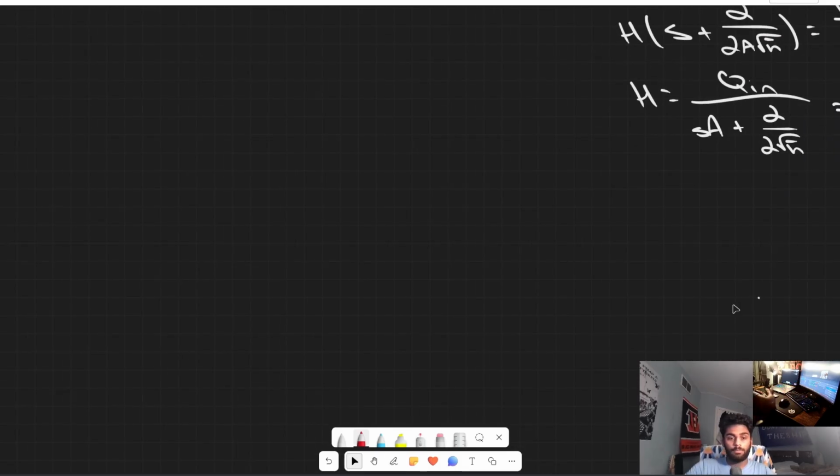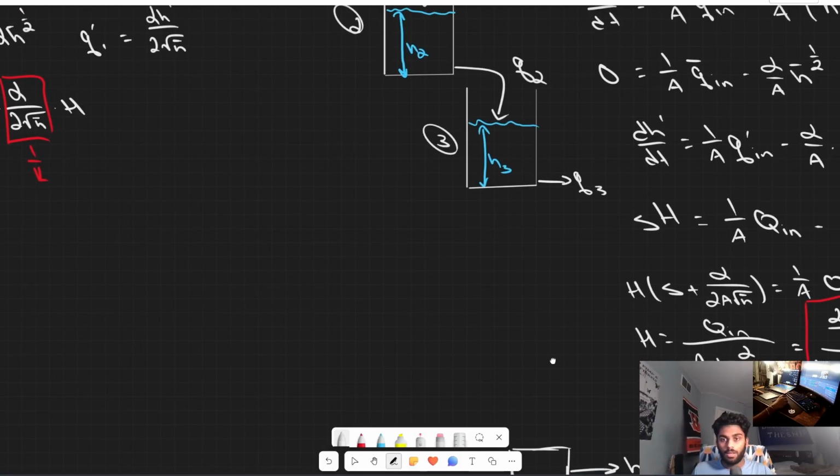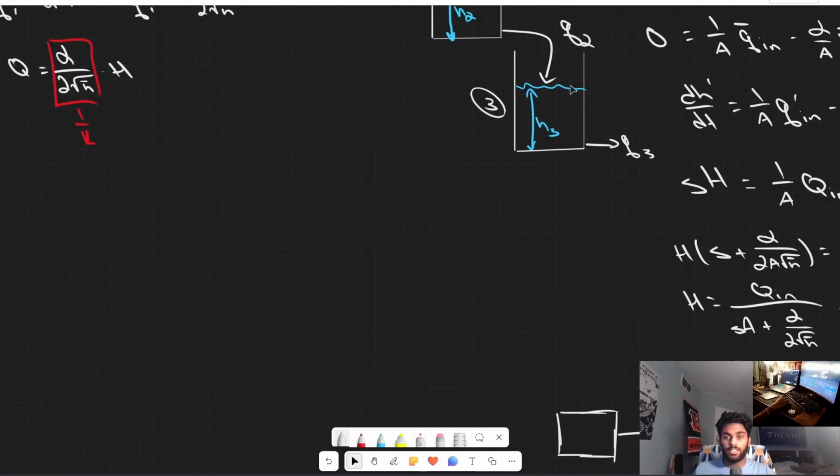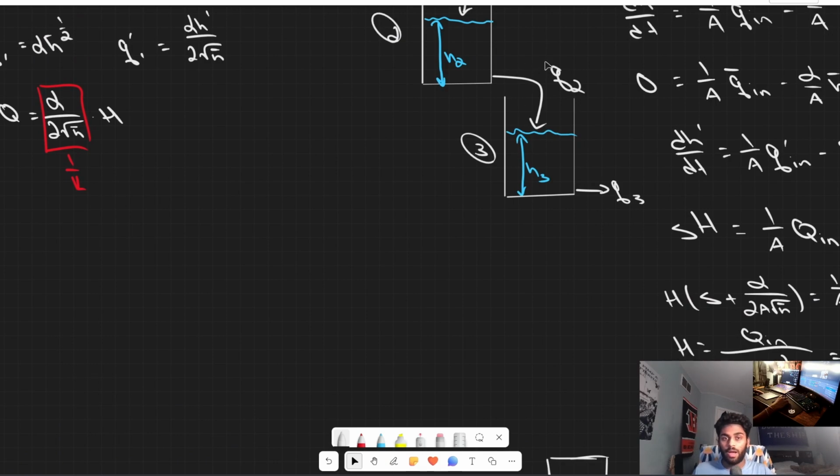So let's just start with this process, and exiting it, we have H3. To get to H3, we must first find that height using Q2.